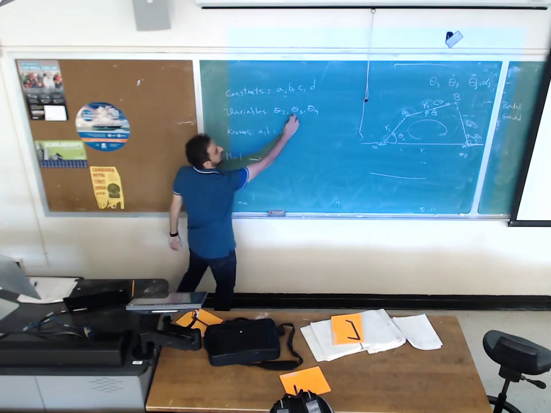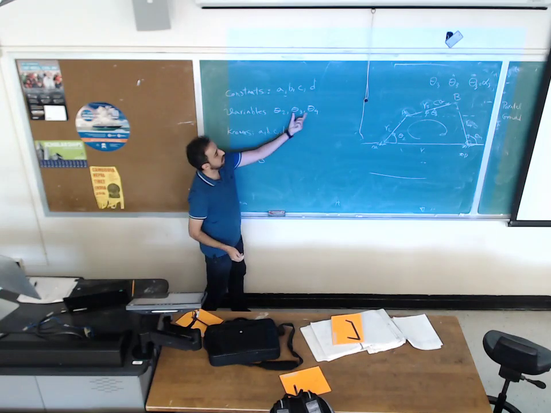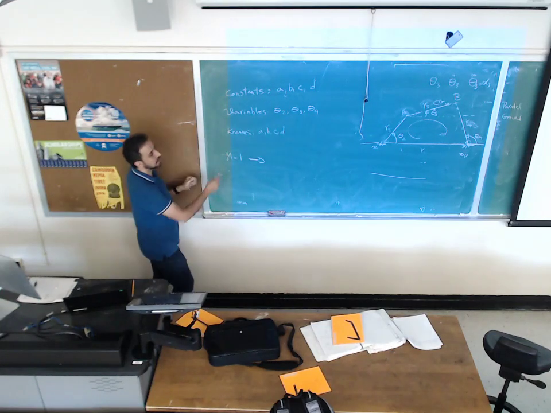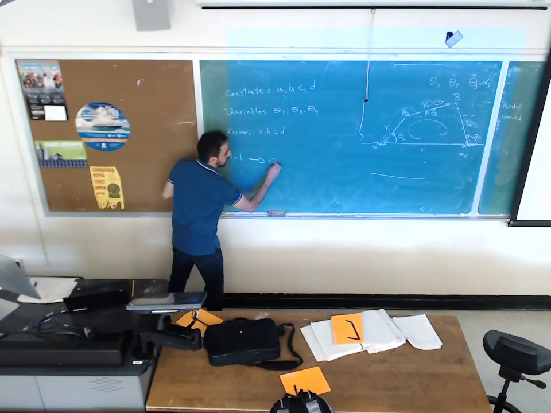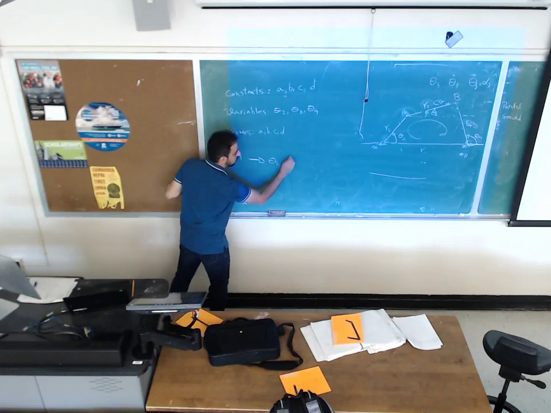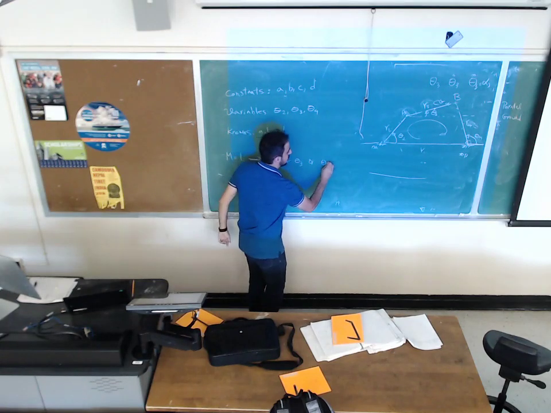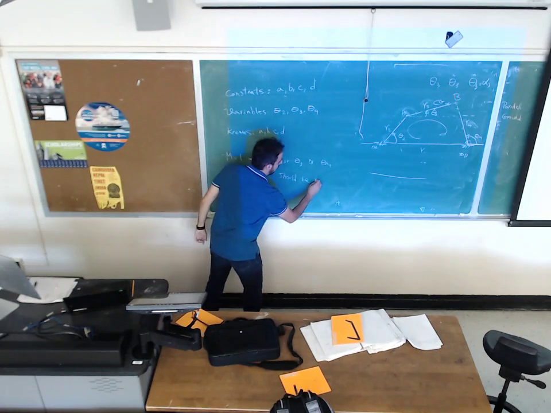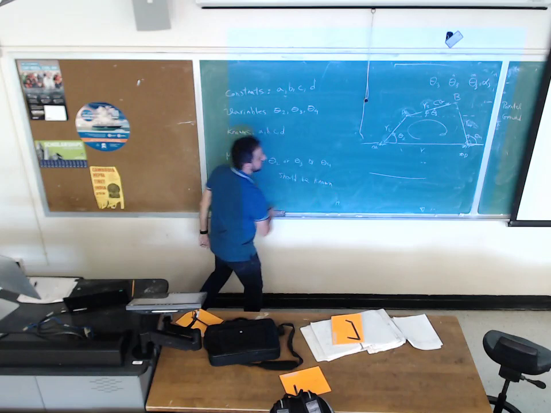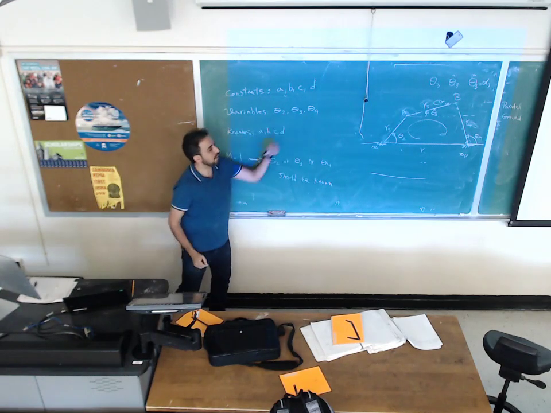So out of these 3, if you only know the value of one of these 3, you can solve for the other 2. So theta 2 or theta 3 or theta 4 should be given, should be known. Because the degree of freedom is 1, one of them should be known, then we can solve for the other 2.